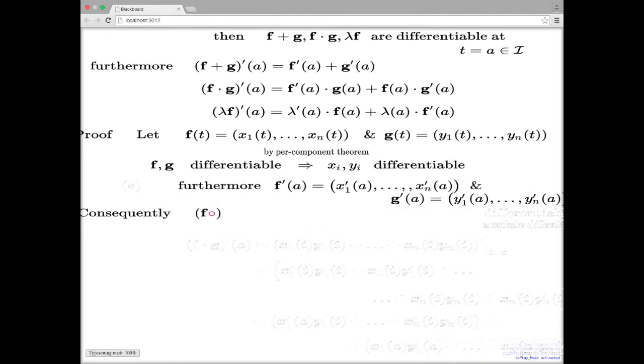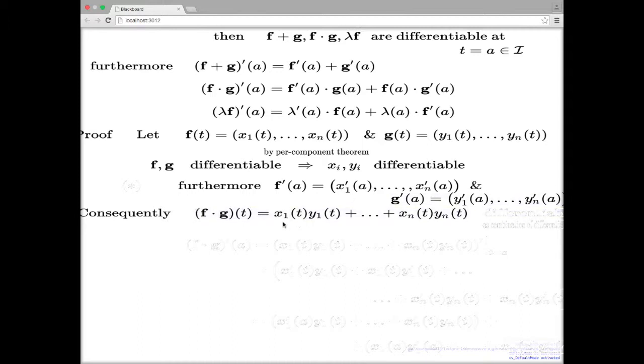Consequently, we compute the left-hand side here. If I compute the left-hand side, look what it is. Here's the left-hand side. It's the dot product of the f and g functions.